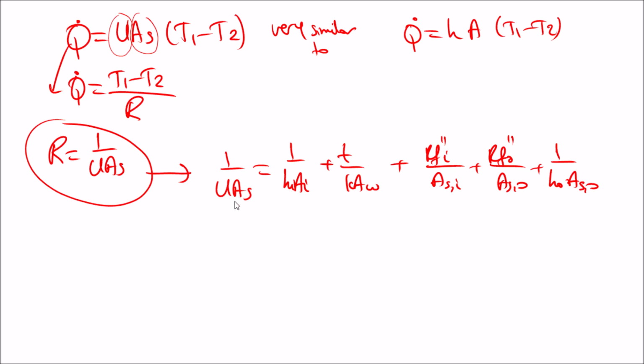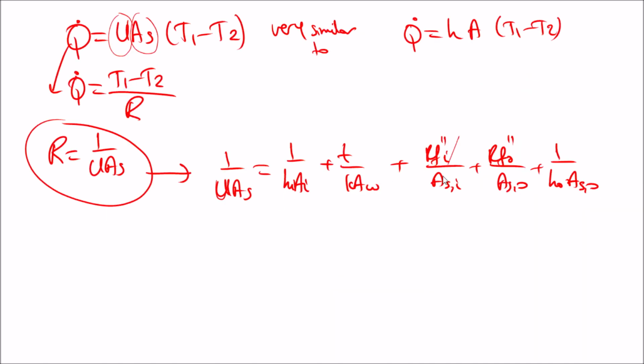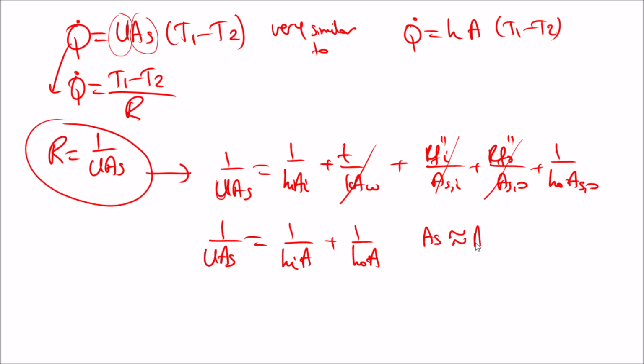Now, as you can notice, for the overall heat transfer coefficient, if I use my approximations here, then this term can be neglected, this term can be neglected, and this term can be neglected. 1 by U A_s will be equal to 1 by h inner times area plus 1 by h outer times area. If I choose A_s as the area, it doesn't matter whether inner surface area or outer surface area, it will be that 1 by U equals 1 by h inner plus 1 by h outer.